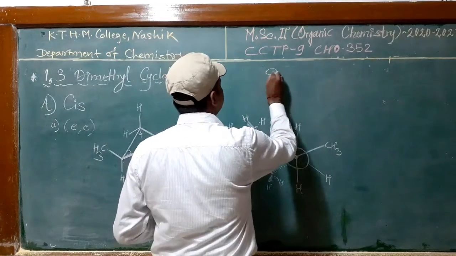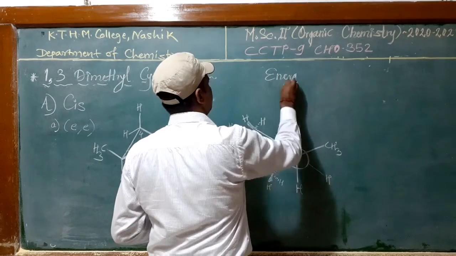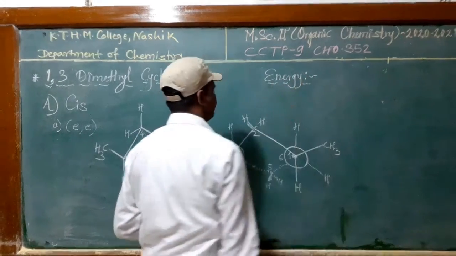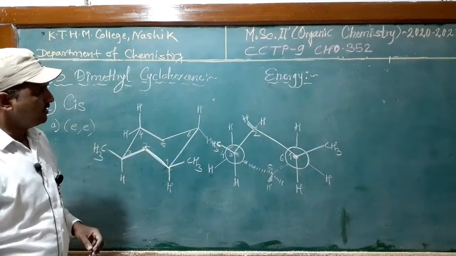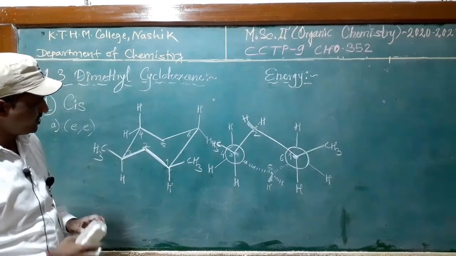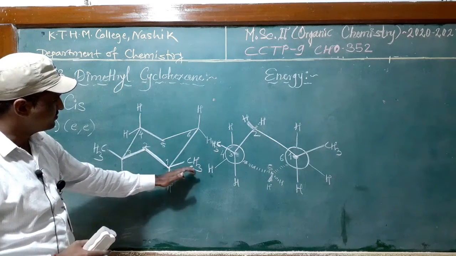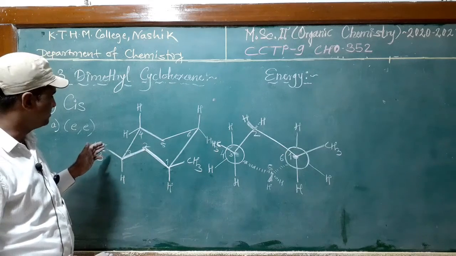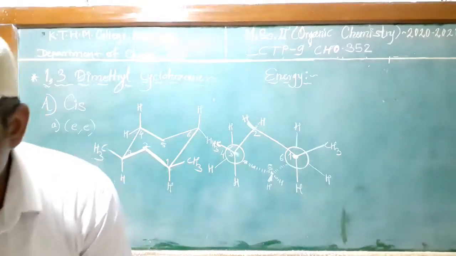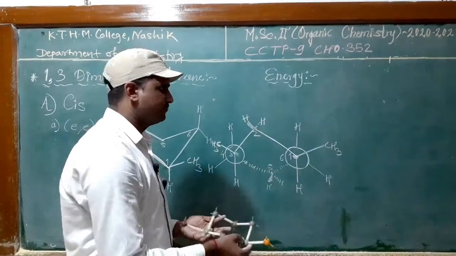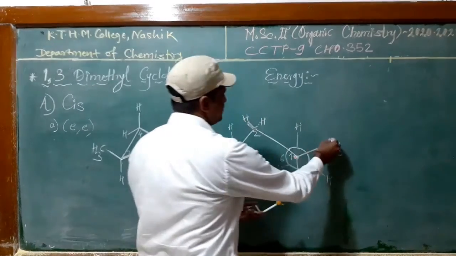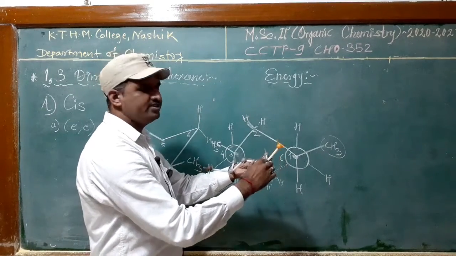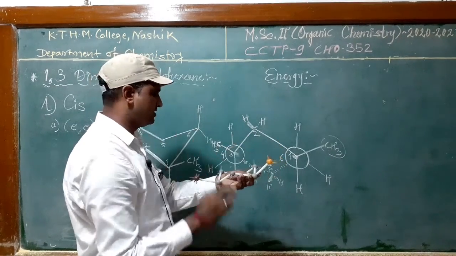Now consider its energy. For the energy content of this conformation, when we consider this first CH3, it is in equatorial position, the second CH3 is in equatorial position, means there is no chance of 1,3-diaxial interaction. This CH3 is in equatorial position, no 1,3-diaxial interaction.